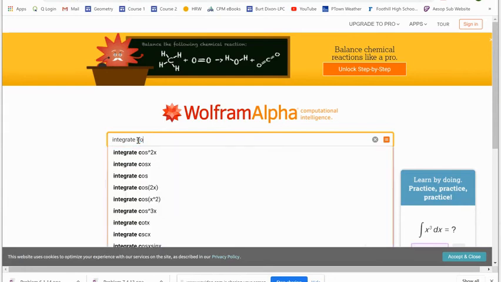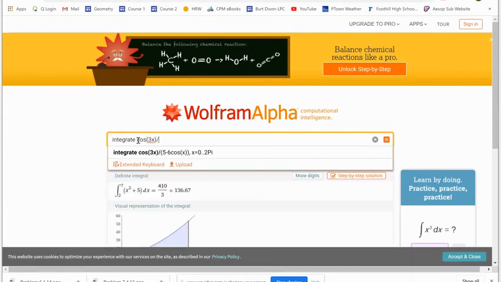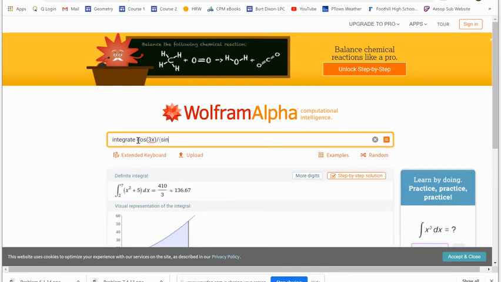So for the problem that we were just looking at, we wanted to integrate cosine of 3x divided by, parentheses, sine of 3x plus 1, squared. Then we have to give it endpoints.